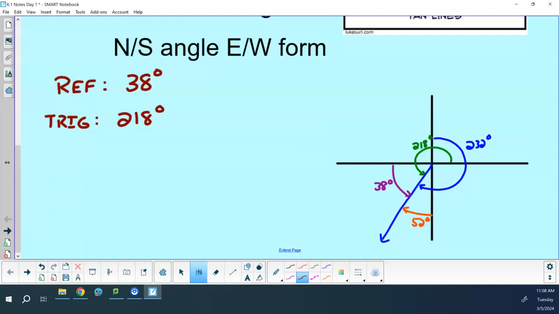And my north-south angle, east-west form, would be south, because we're going down, obviously, and then we come 52 degrees to the west off of straight south. Questions, comments, concerns, clarifications?